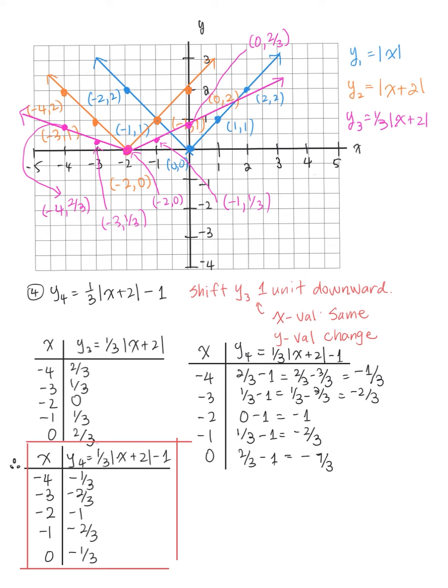Okay, so I just cleaned up a little bit and rewrote the chart. So let's go. Negative 4 comma negative 1/3 is maybe right here. Oh no, I'm completely running out of room. So this is negative 4, negative 1/3. Okay, next one is negative 3 comma negative 2/3. So maybe that's right here.